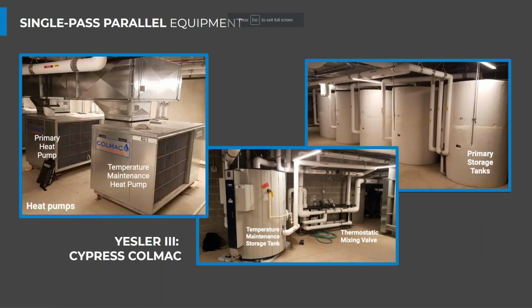Okay. So we have our primary heat pumps, 2 of them, and our temperature maintenance heat pump. You'll notice that they look very similar. They're essentially the same piece of equipment. We just set the internal controls of that Colmac heat pump up a little bit differently, so that one's in single pass with a modulated flow rate through it to always get 140-degree water discharging out of it, and the other is set up as a multi-pass with an unmodulated flow.